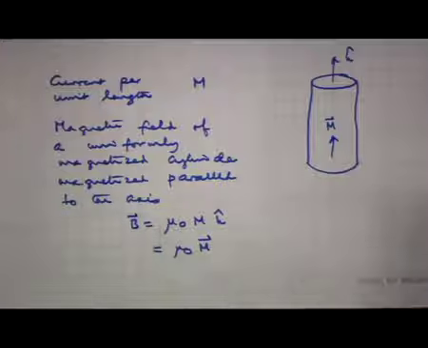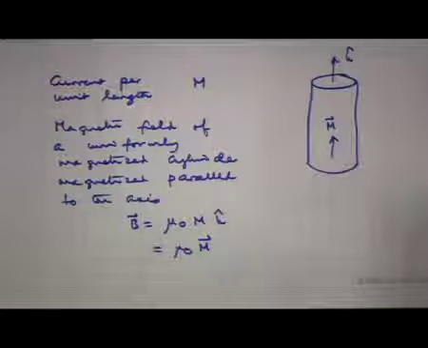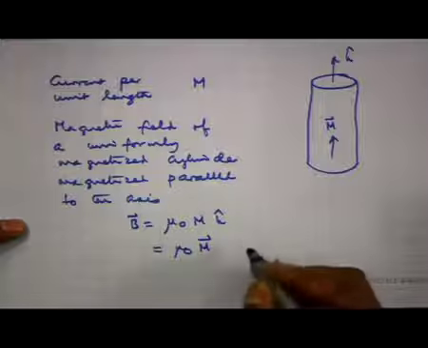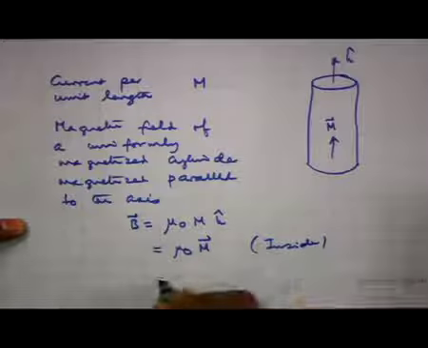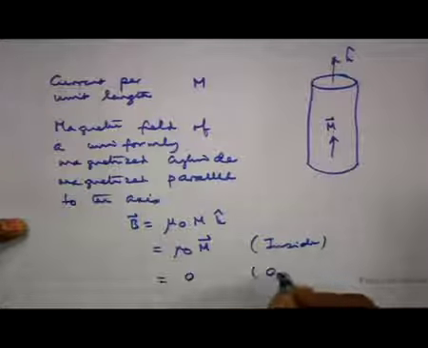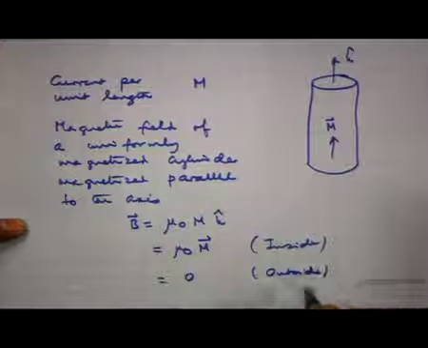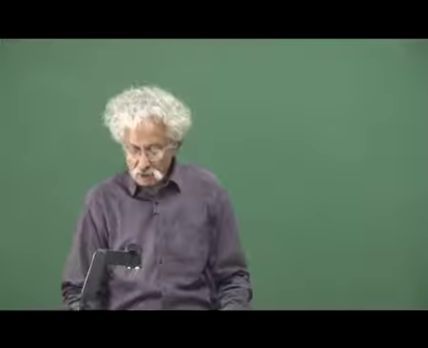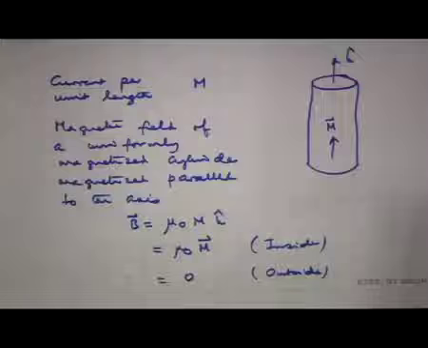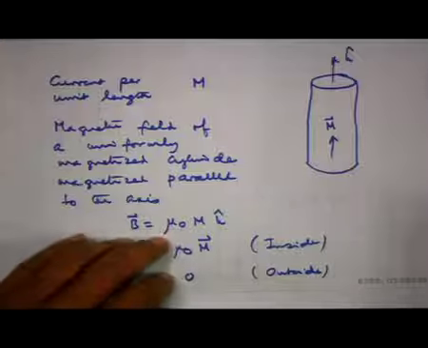So, this cylindrical sample, magnetized parallel to the axis, creates a magnetic field mu naught M inside and is equal to 0 outside. I am assuming effectively an infinitely long magnetized sample. So, inside the sample the magnetic field is mu naught M, and outside the sample it is 0.